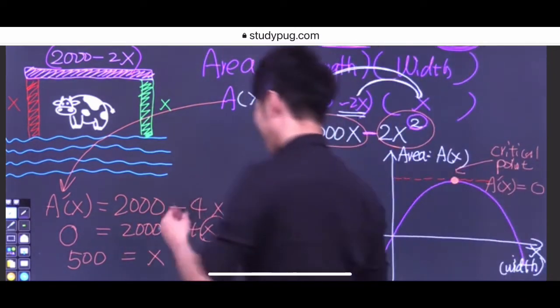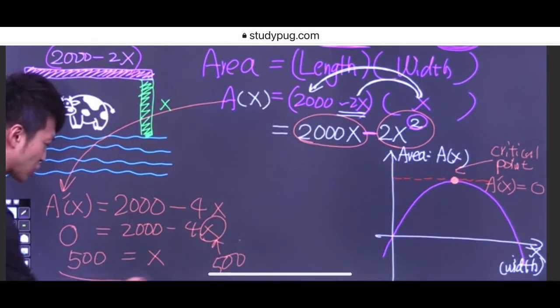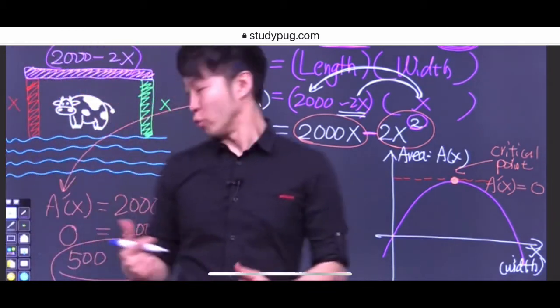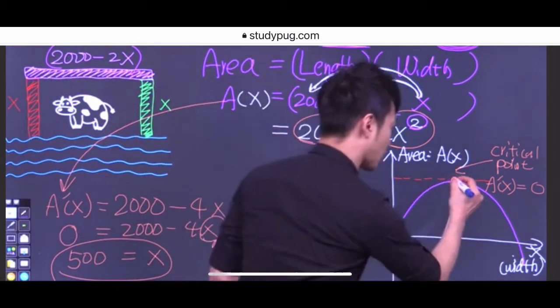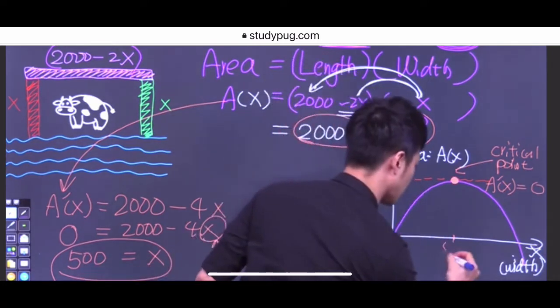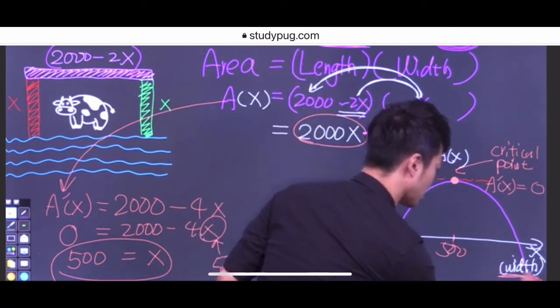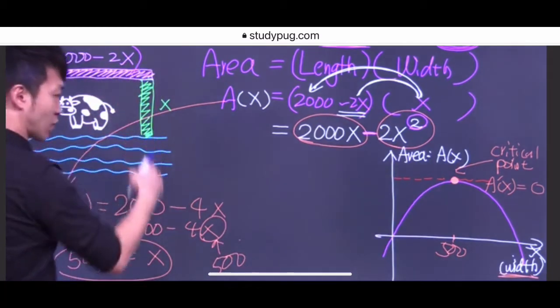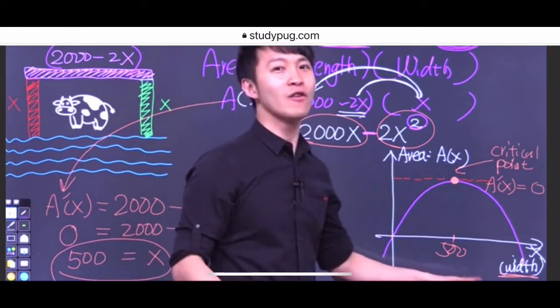So solving the derivative equation, we found that the maximum occurs when x is equal to 500, when the width of the rectangular field is equal to 500.